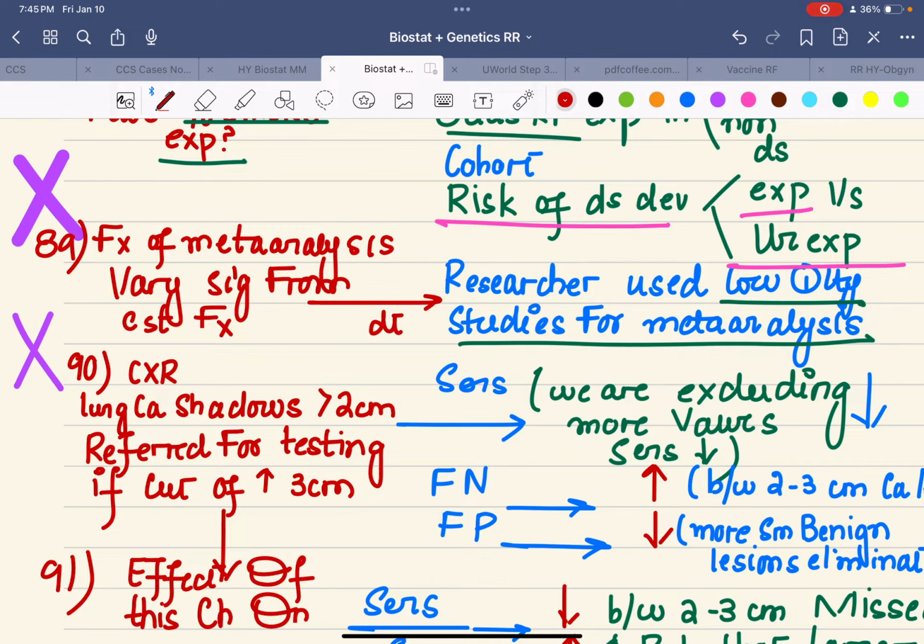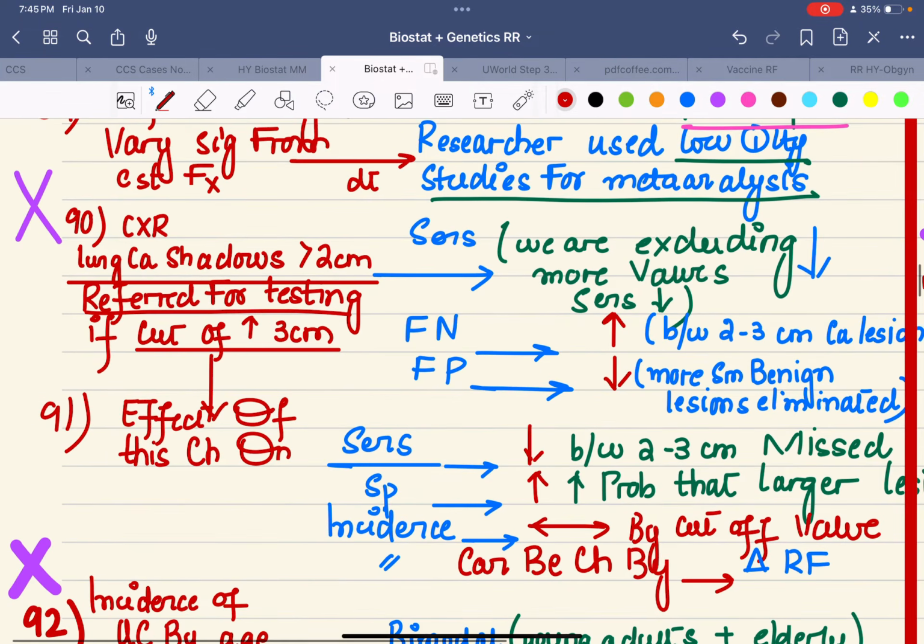So chest x-ray for lung cancer shows shadows greater than 2 centimeter, referred for further testing. If we increase the cutoff value to greater than 3 centimeter, it means that we are excluding the values between 2 and 3 centimeters, so sensitivity is going down and the false negatives are going up, but the specificity is going up. Because the specificity is going up, the false positives are going down, right?